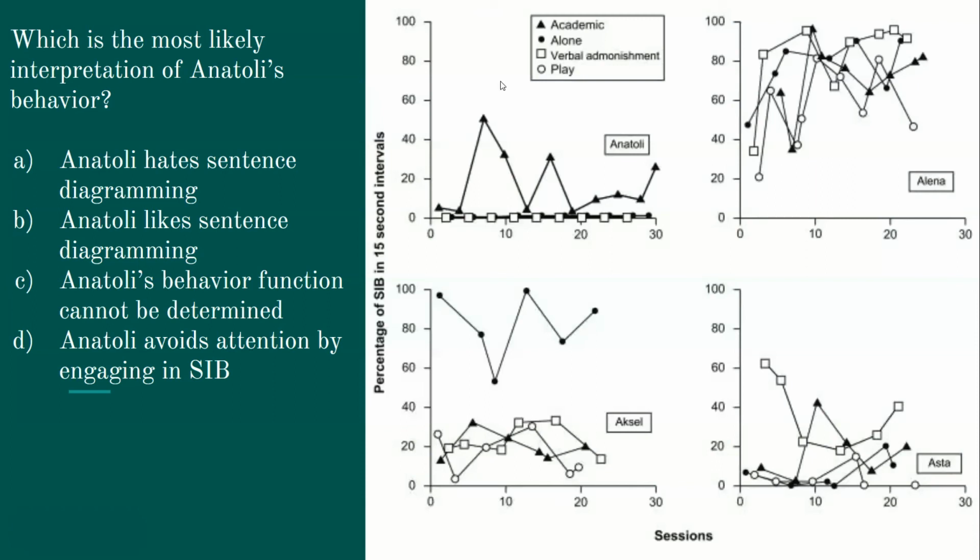I'd have to know that they're giving him too much attention when he engages in SIB, and I don't know that. So it makes the most sense that he's just trying to avoid this academic task. So A is the best answer, the one I can be most sure about.